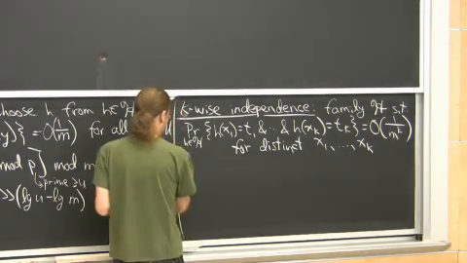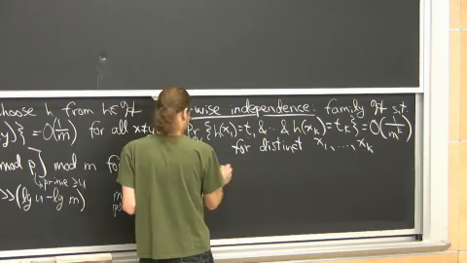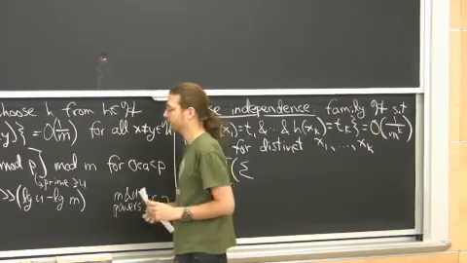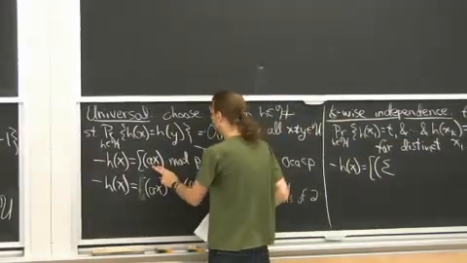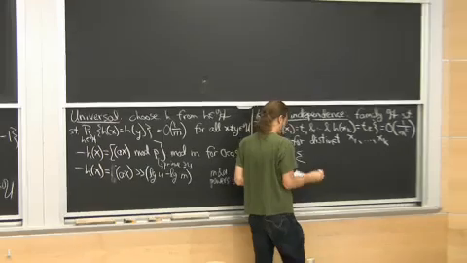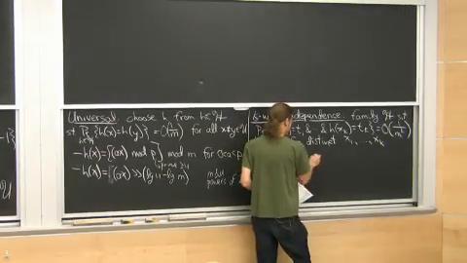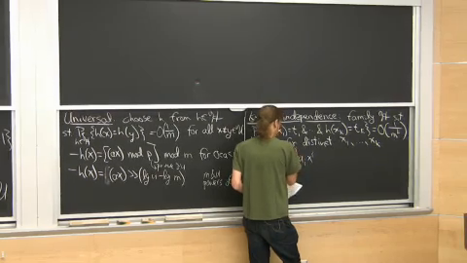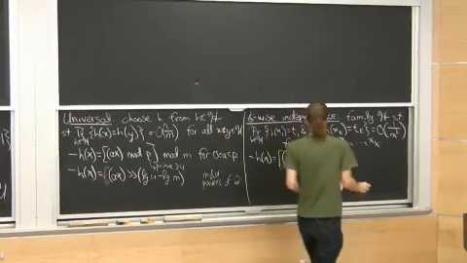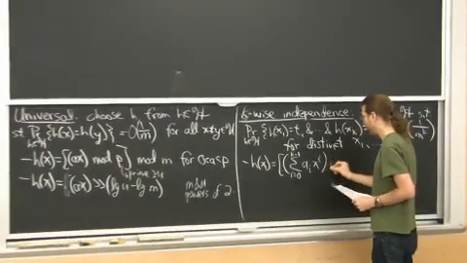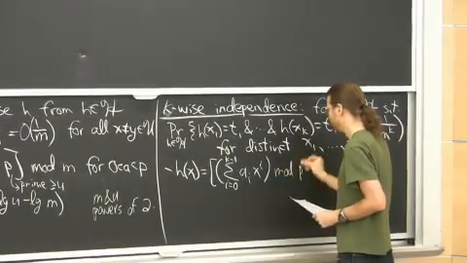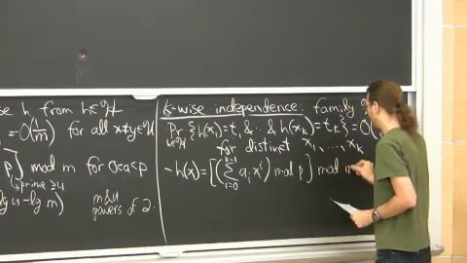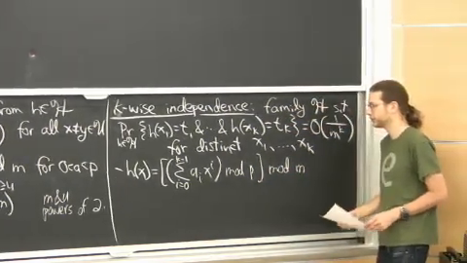Okay, so an example of such a hash function is, here we just took a product. In general, you can take a polynomial of degree k minus 1, evaluate that mod p, and then if you want, take that modulo your table size.